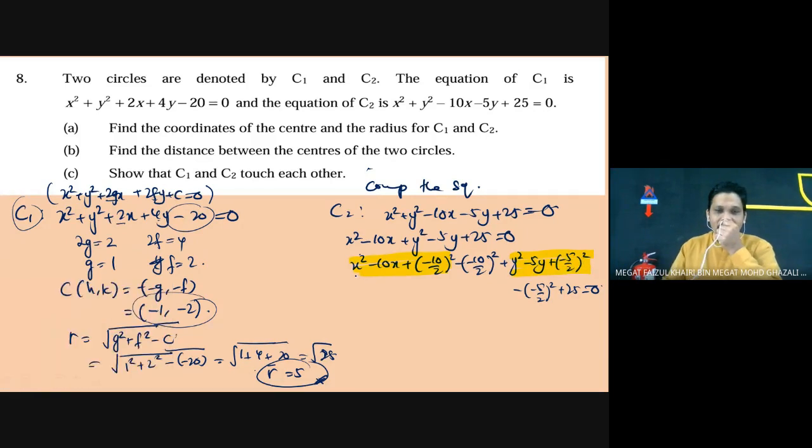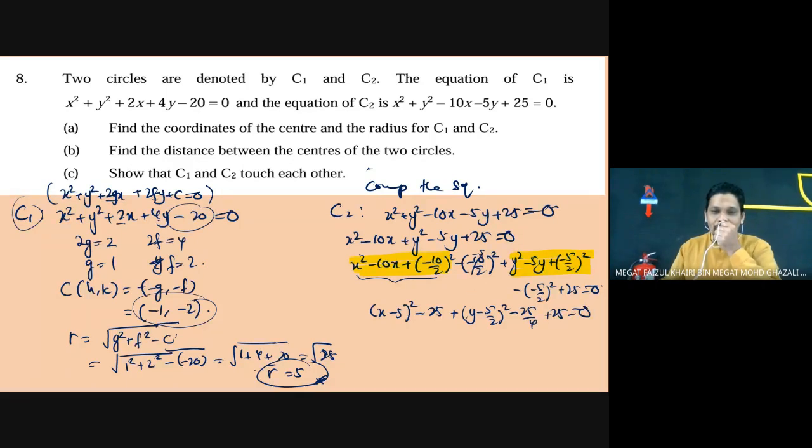So we simplify these three into (x minus 10 divided by 2) equal to (x minus 5) squared. Then minus negative 10 divided by 2 is negative 5. Negative 5 squared is 25, plus, okay, now (y minus 5 over 2) squared, minus (5 over 2) squared, which is 25 over 4, plus 25 equal to 0.